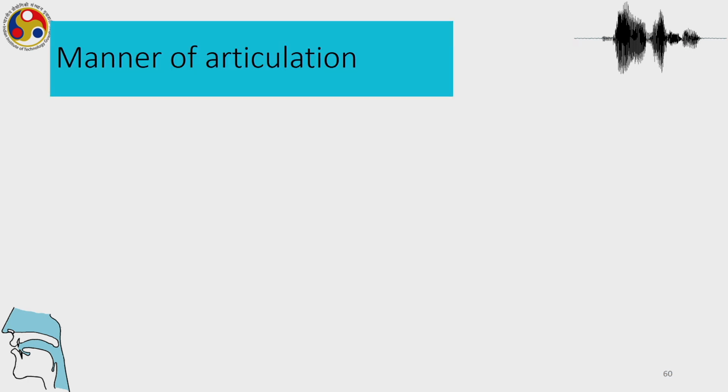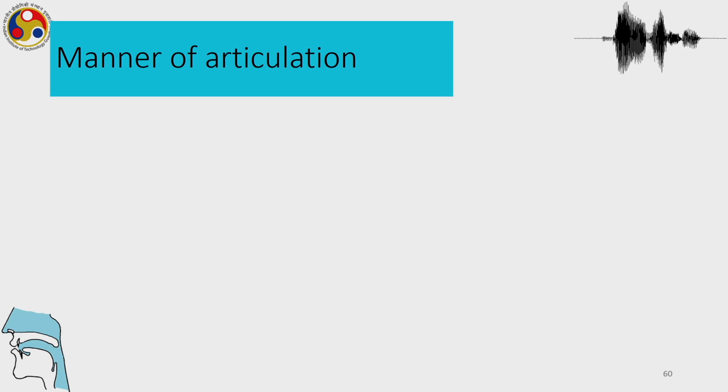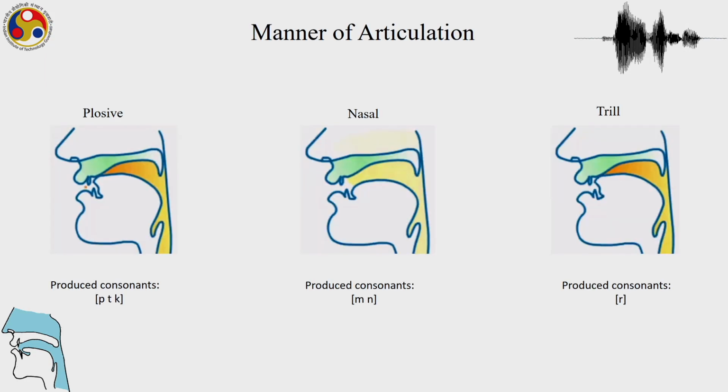So that was the place of articulation, and we saw that we can have coronals, dorsals, and radicals. We will summarize all the places of articulation towards the end of this lecture. Manner of articulation: we have seen manner of articulation in the previous lecture on phonetics.